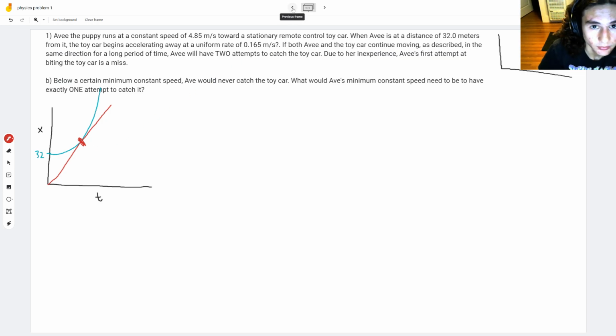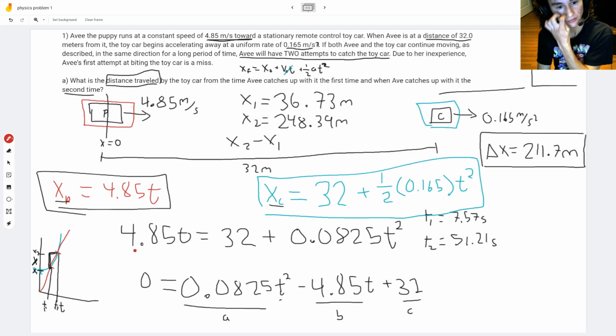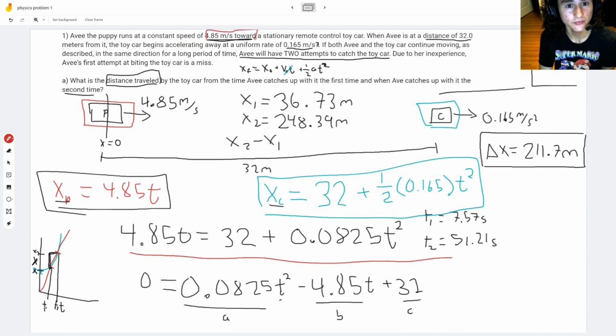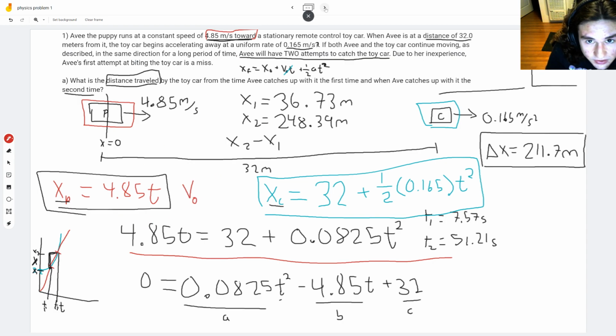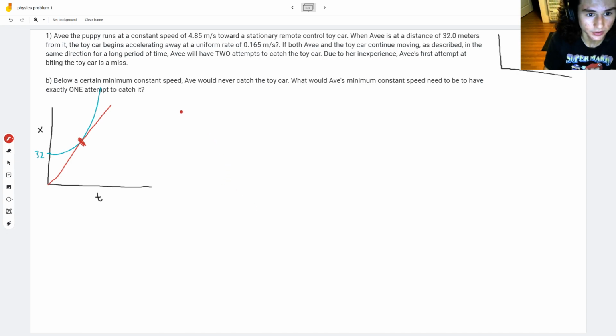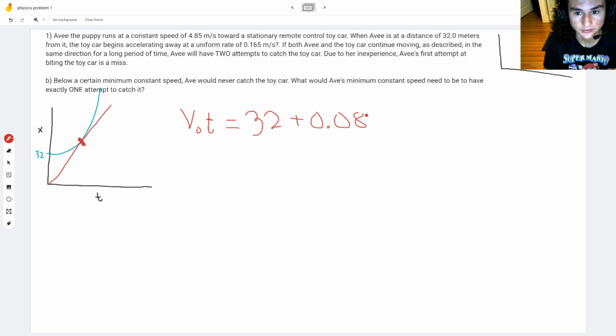So basically we're going to recycle our equation that we found over here, except this time instead of putting 4.85 meters, we're going to just put velocity initial. So when we do that, we get an equation that looks like velocity initial times time, this is t, equals 32 plus 0.0825 t squared.